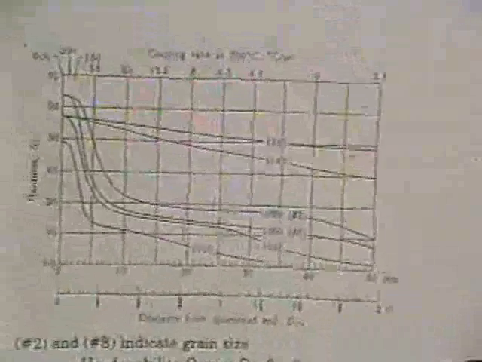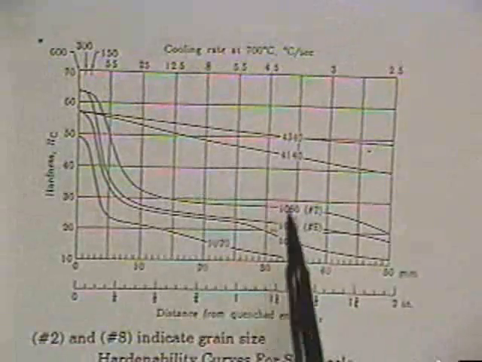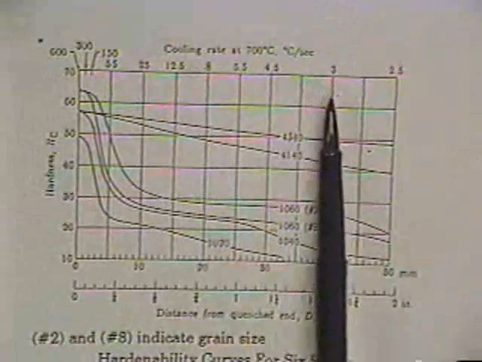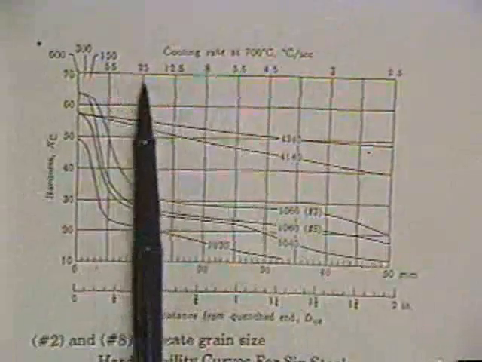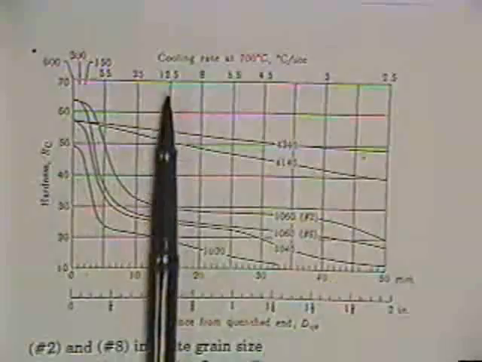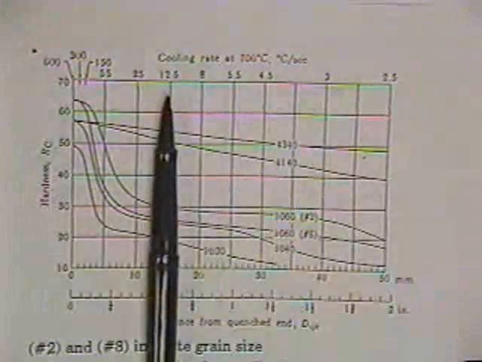And if you look at the top of the figure on page 28, you'll see out here the cooling rate is 3 degrees centigrade per second. The cooling rate here is 150 degrees centigrade per second. So it cools much more quickly near the one end of the bar than the other end.